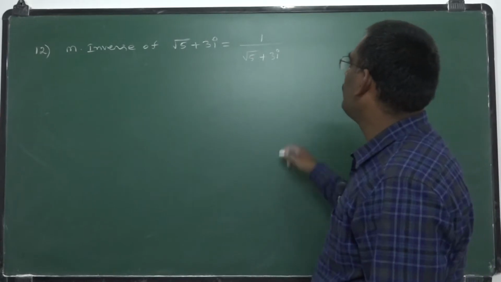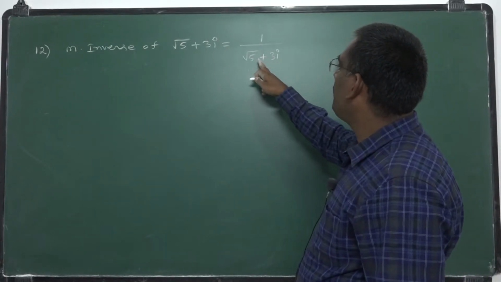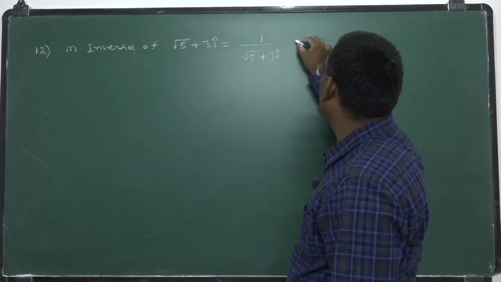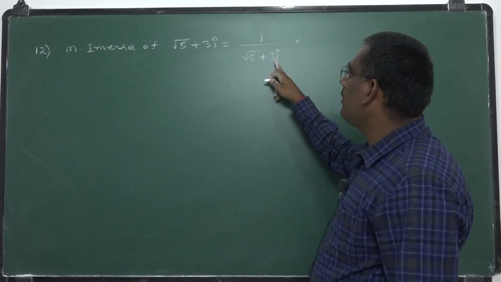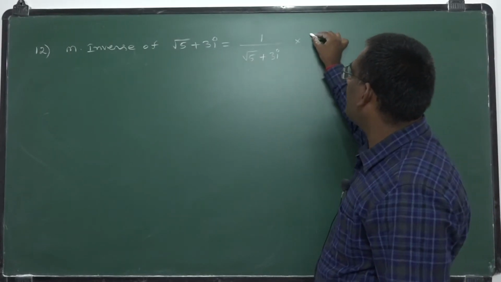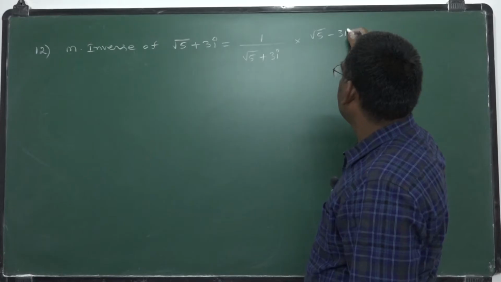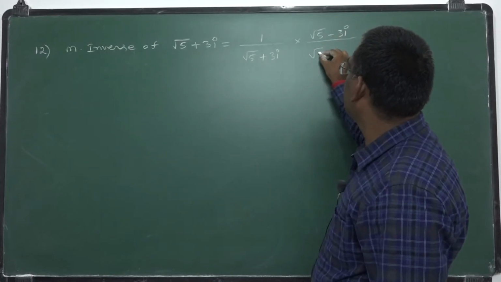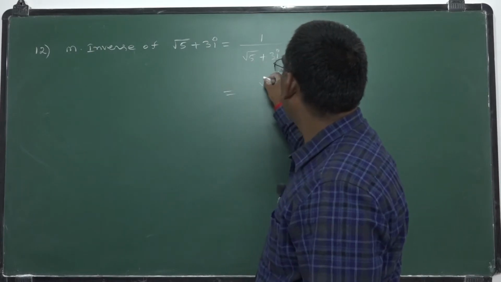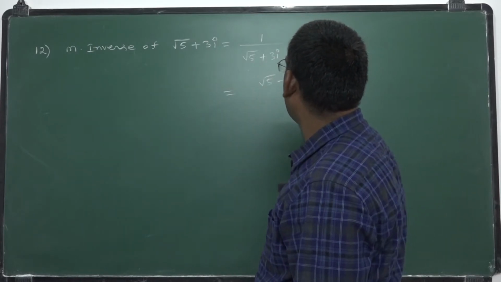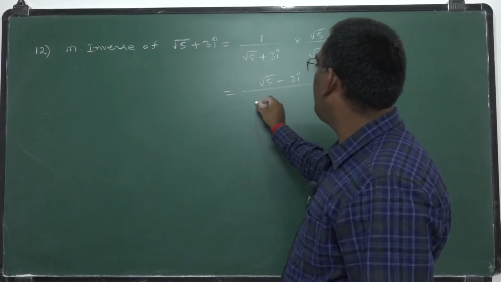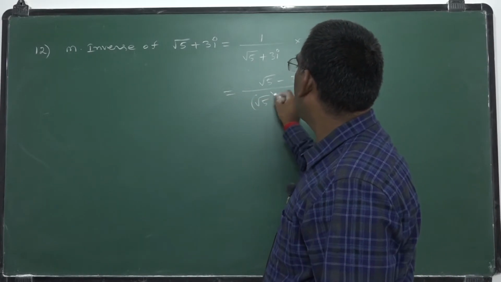Now multiplying and dividing with the conjugate of root 5 plus 3i, which is root 5 minus 3i. Just multiplying numerator and denominator with root 5 minus 3i. This is equal to root 5 minus 3i by, so denominator is in the form of a plus b into a minus b, a square minus b square.